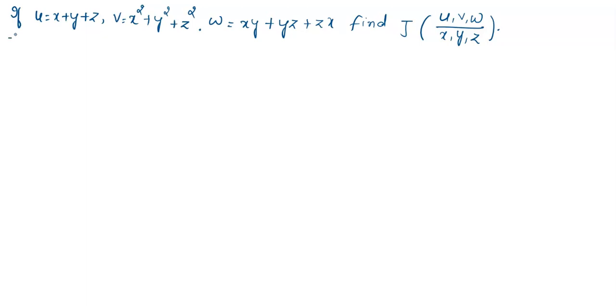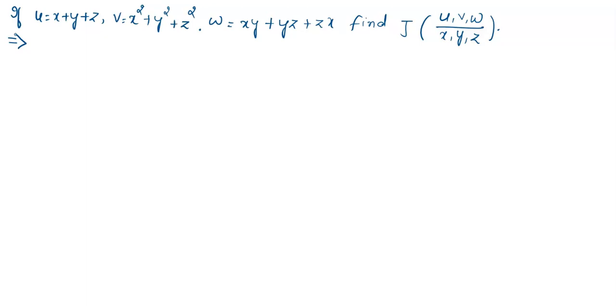We can observe in this problem, we are asked to find the Jacobian of three functions which depend upon the three independent variables, that is x, y, and z.